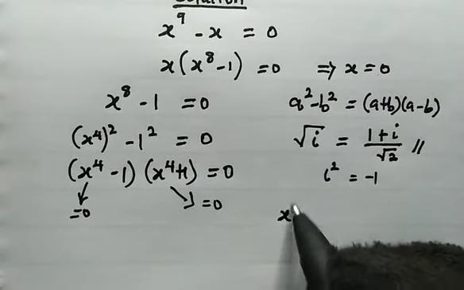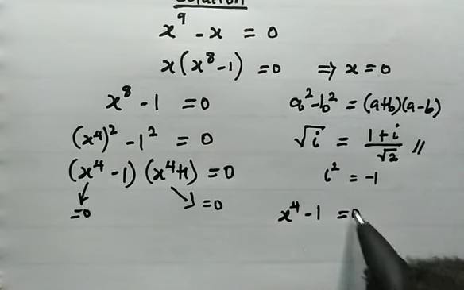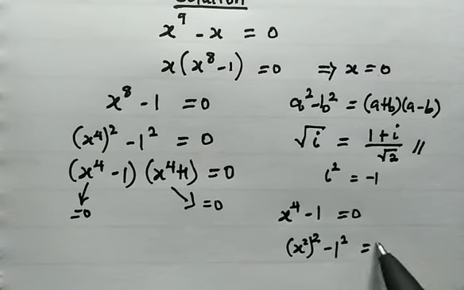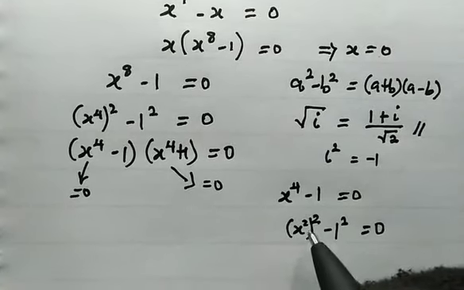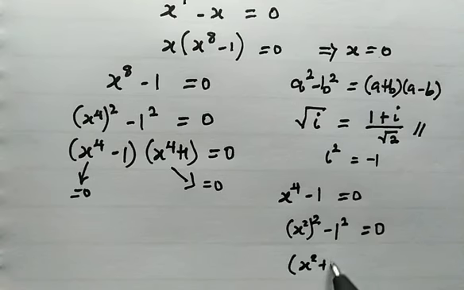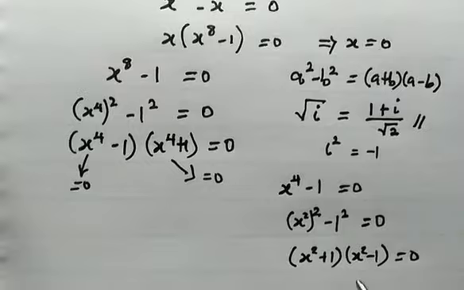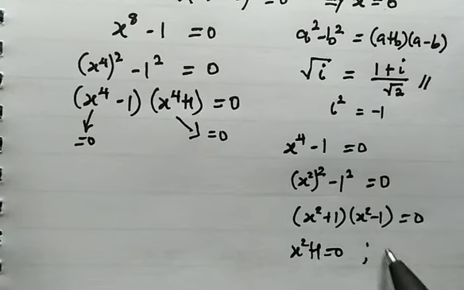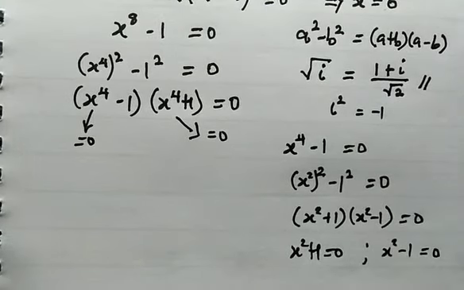So let's start with x to the power of 4 minus 1 equals 0, of which we're going to make use of the difference of two squares again. So writing this as x squared in the bracket, then squared minus 1 squared. From here we get x squared plus 1, and x squared minus 1 equals 0. So from here this is equal to 0, and the other one is also equal to 0.